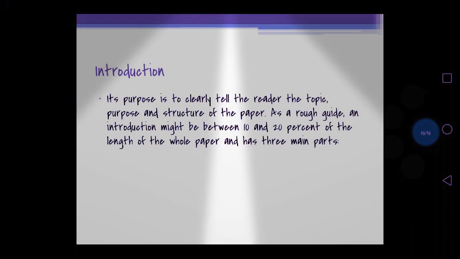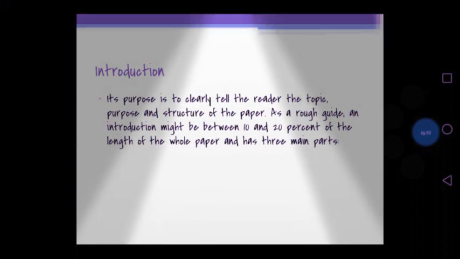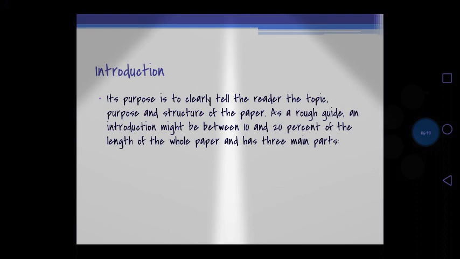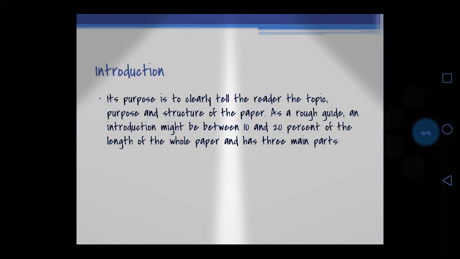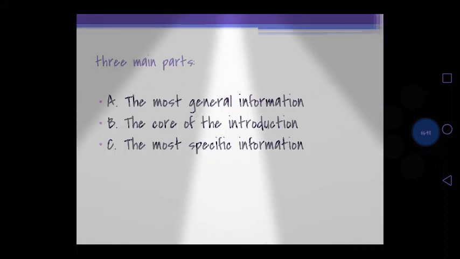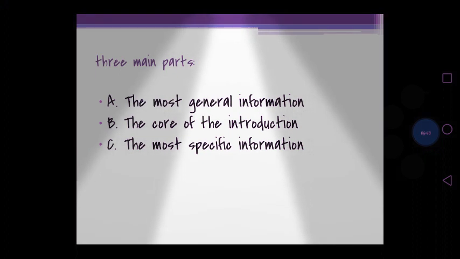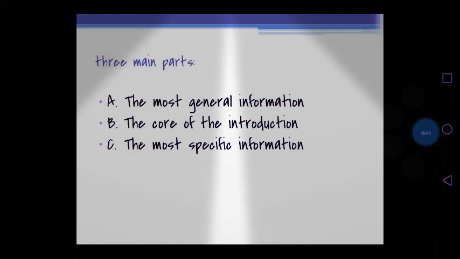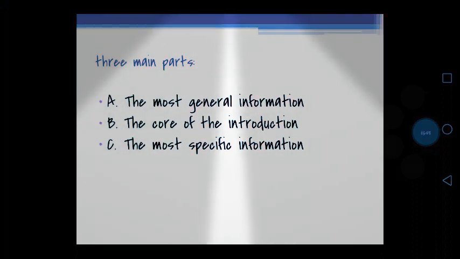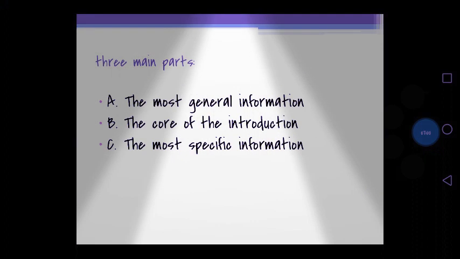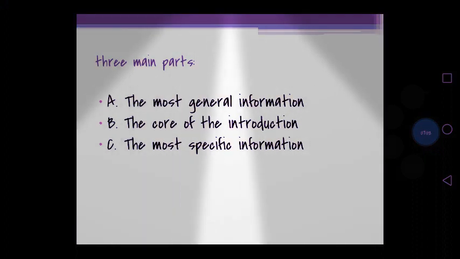As a rough guide, an introduction might be between 10 and 20% of the length of the whole paper and has three main parts. Letter A is the most general information. Letter B is the core of the introduction and the most specific information.